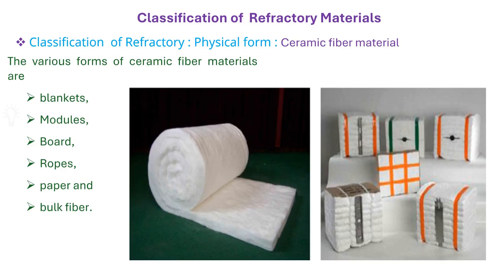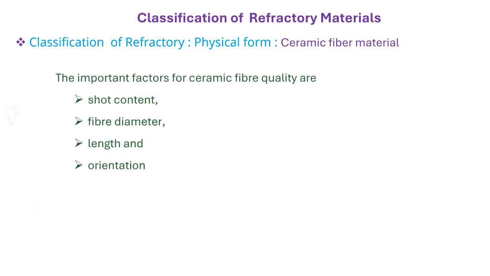Bulk fiber is loose ceramic fiber material, useful for packing, patching, or custom jobs where standard forms don't fit. The choice of form depends on the application, the geometry of the equipment, and how the insulation needs to be installed.